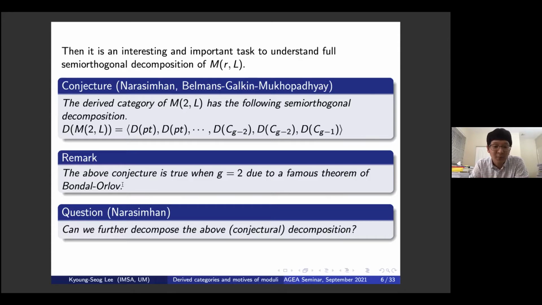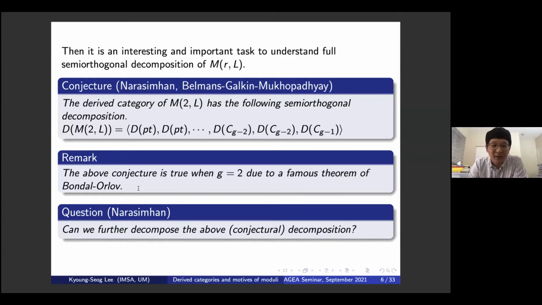Of course, Bondal and Orlov's theorem is much earlier than this conjecture, but anyway, this gives evidence for this conjecture. Okay, I will discuss recent developments about this conjecture later, but let's first assume that there might be a decomposition like this. And then Narasimhan asked whether one can further decompose the above conjectural decomposition.